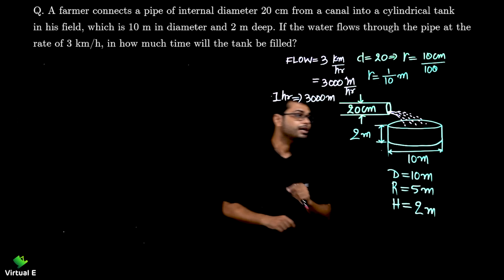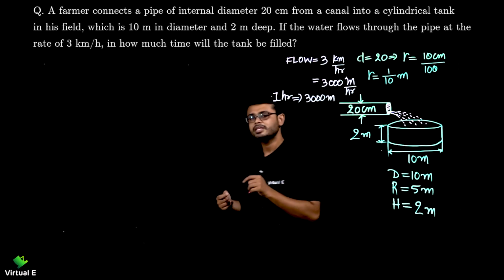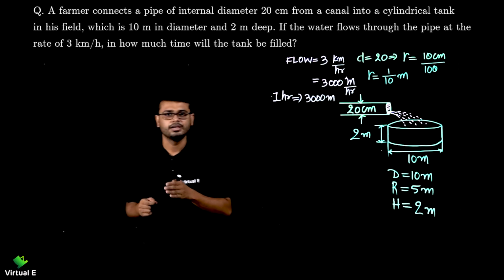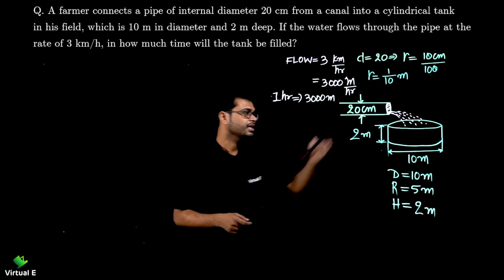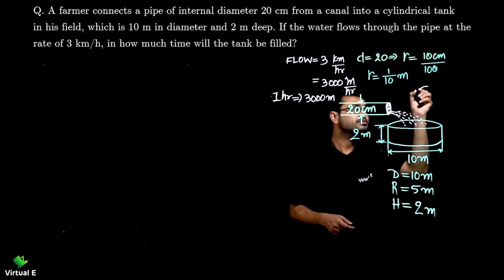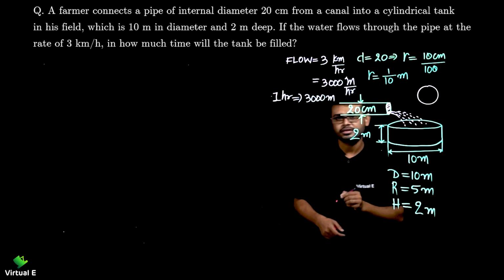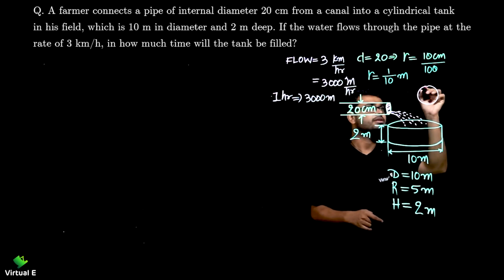Let's start with the particular cross section, meaning the cross section of a pipe. If you cut the pipe in the middle, perpendicular, remember, not in any cross way, if I cut at 90 degree, I will get a circle as the cross section.